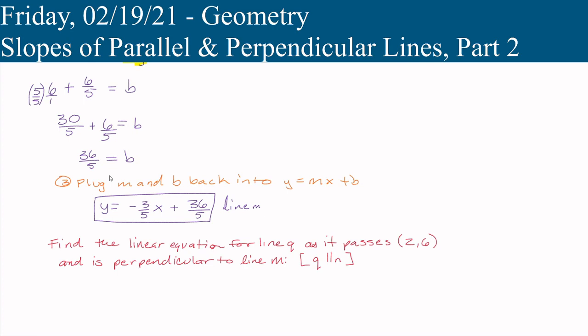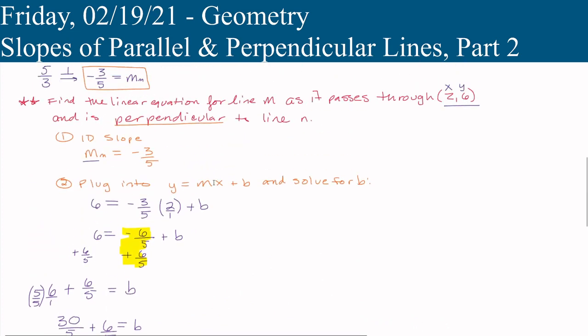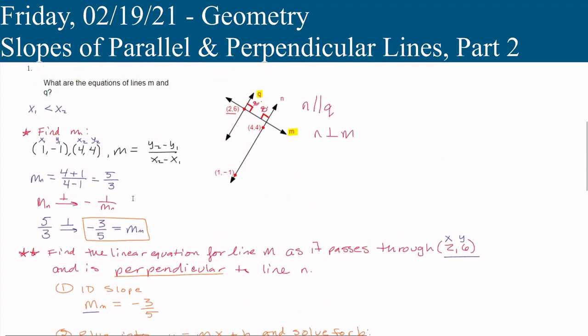Okay, so your first step is going to be to identify your slope. I'm going to scroll up. Notice that the slope to line N we found earlier. It's right over here.